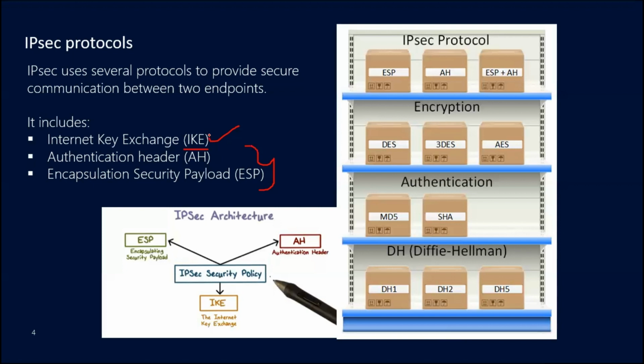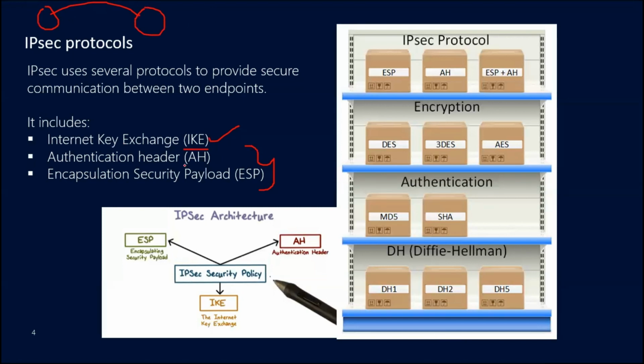Tunnel means a very secure pipe between the two peers. We have to create a pipe, and in that pipe only our data would flow, and it is encrypted. It is so secure that nobody can hack it and nobody can track our data. That's why we are going to use this IPsec protocol.